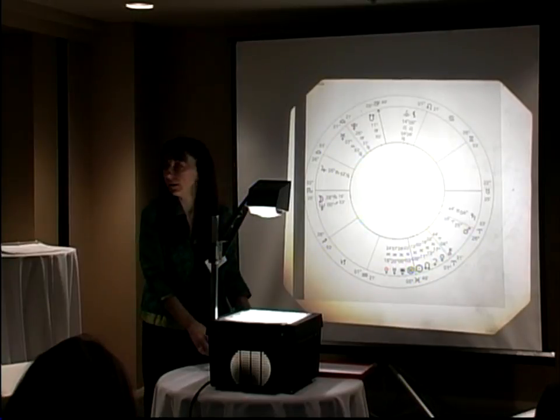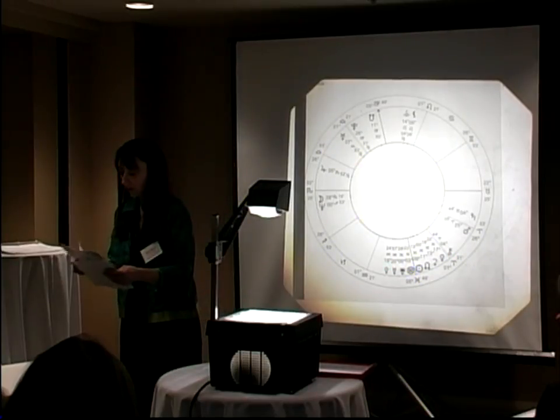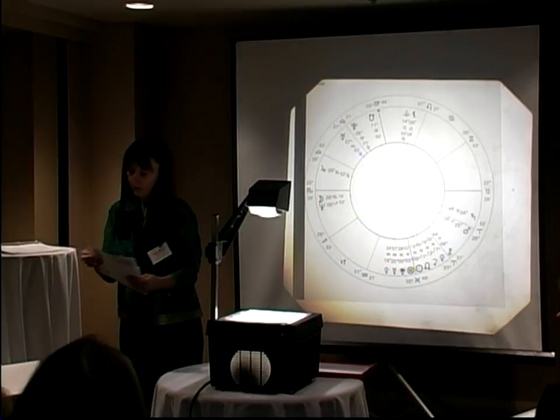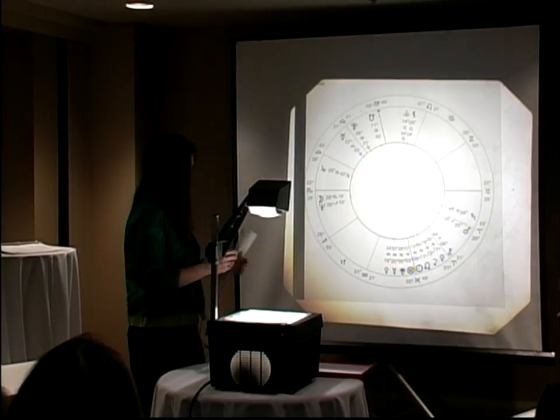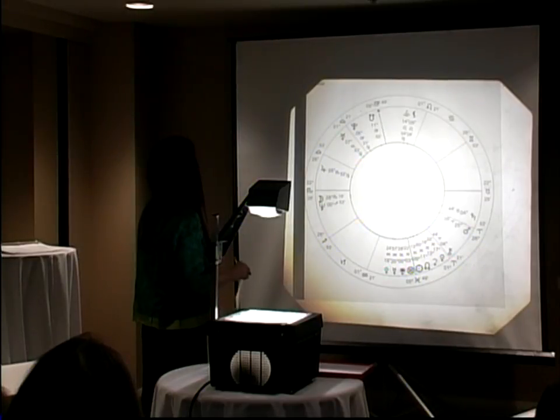Yes? I'm sorry. Yes? Question. In this case, it looks like the individual is in the process of spiritually going from masculine to feminine, switching gender, of course, with the sun on the north node.